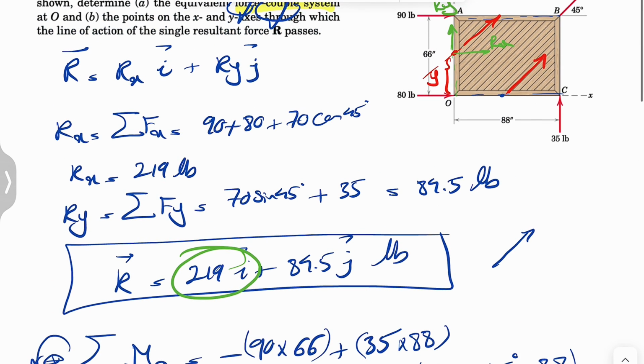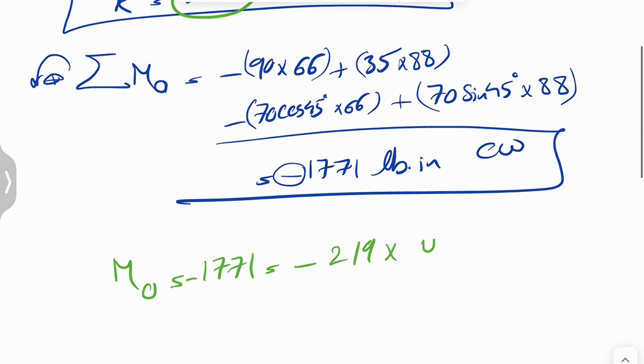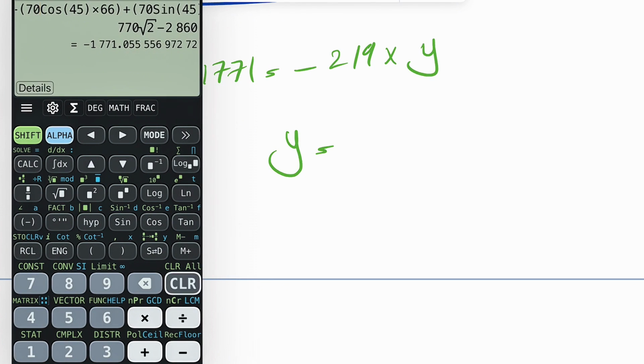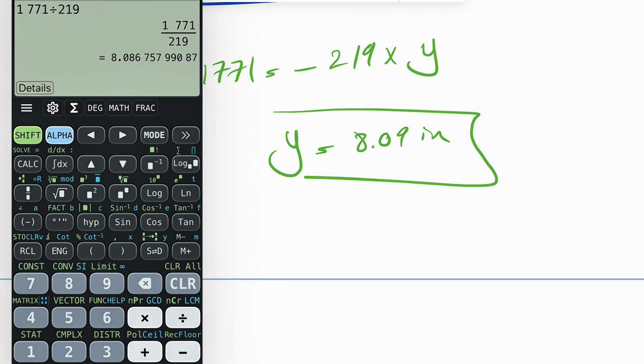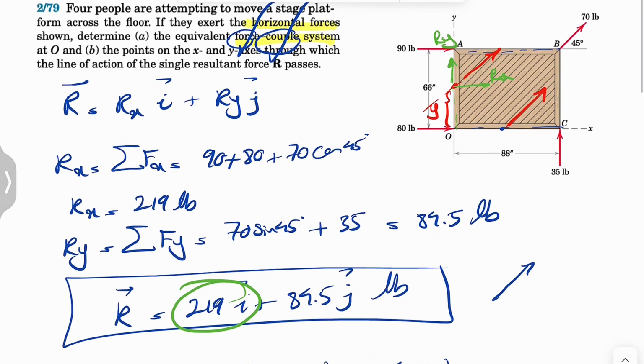So the moment of Rx is also clockwise, so negative Rx, which is 219 times the vertical distance y. So y is 1771 divided by 219, which is 8.09 inches.